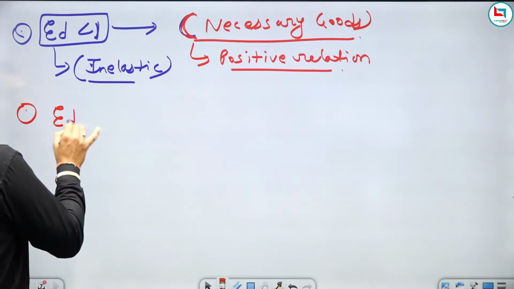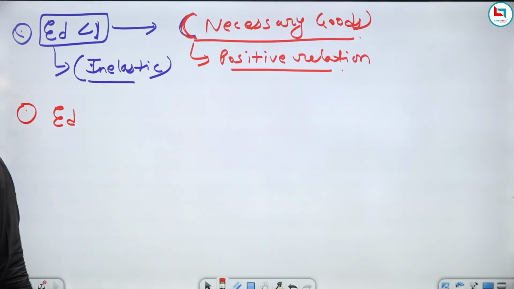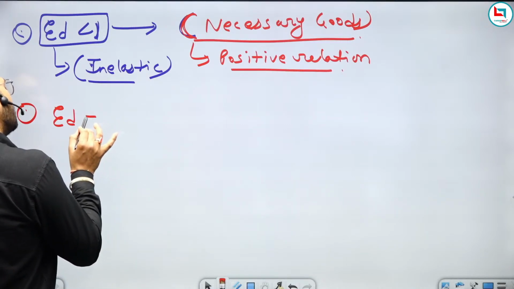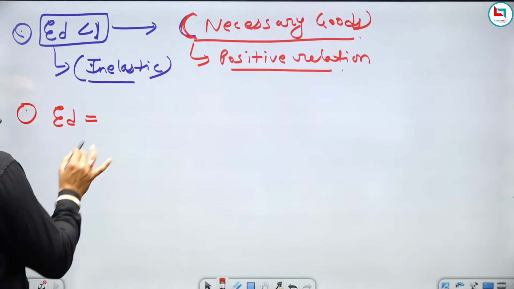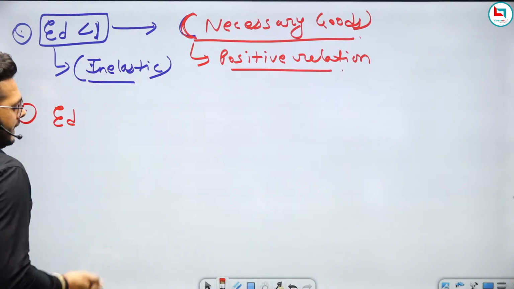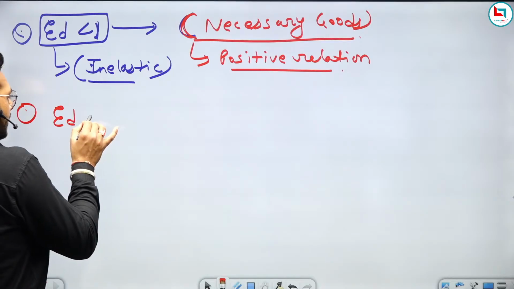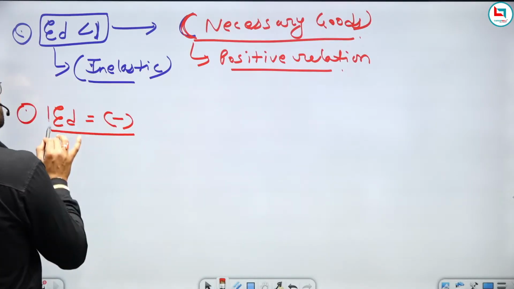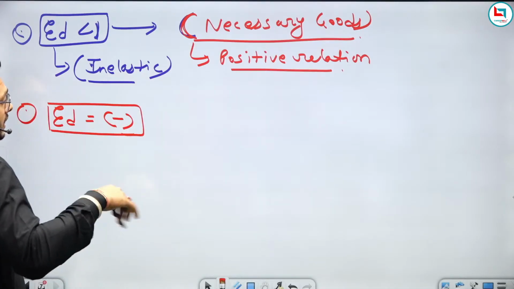ED is negative. Why I am writing in red, I will let you know. When this situation comes, why it comes, and with which type of goods?